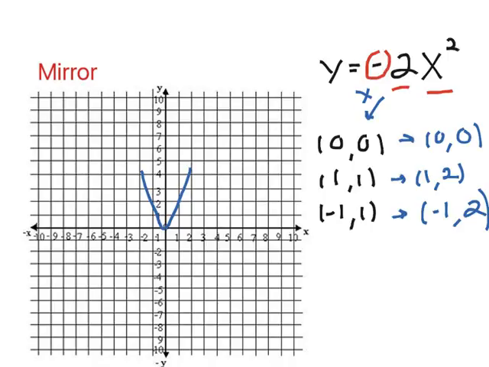We'll have the same (0, 0), but this time our (1, 2) will be (1, -2). And our (-1, 2) will be now a (-1, -2). Now we just match the points, and here we have our new function.